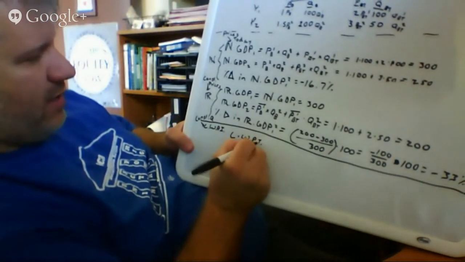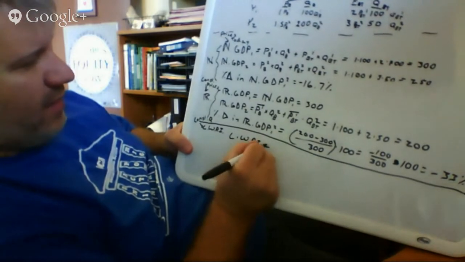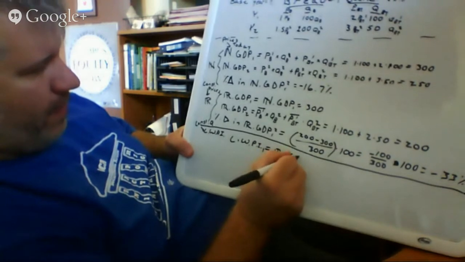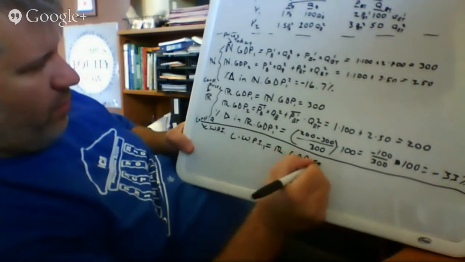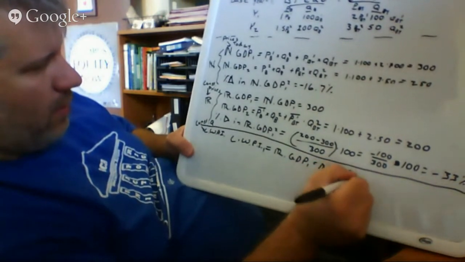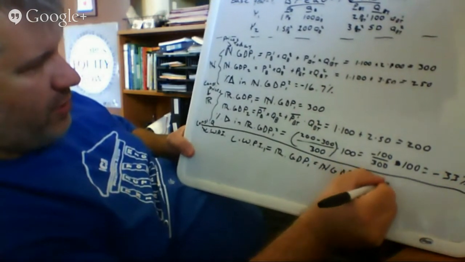We hold it constant at year one, and what we find out is year one is equal to real GDP in year one, equal to nominal GDP in year one, which equals 300.